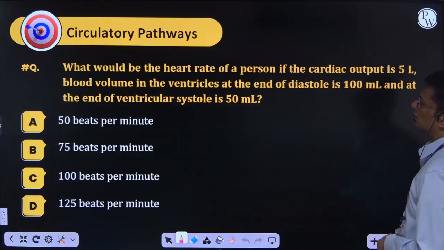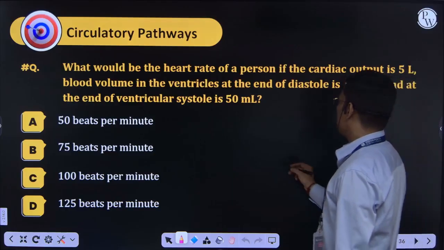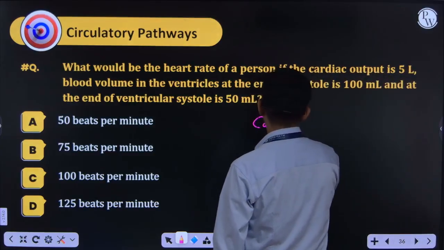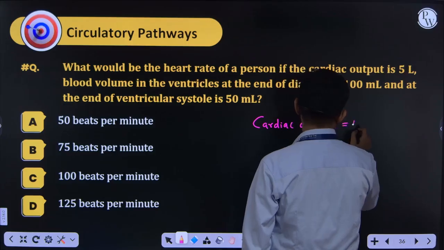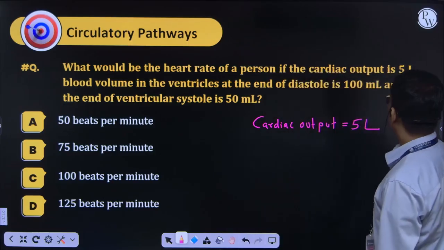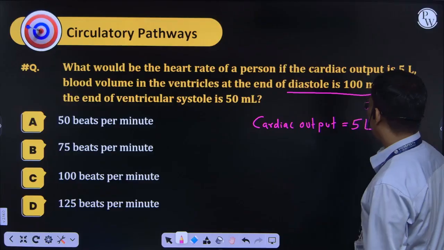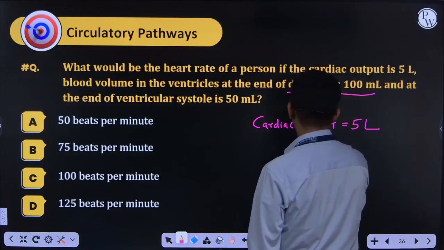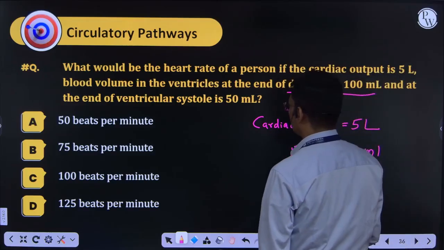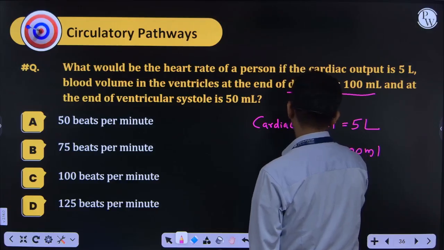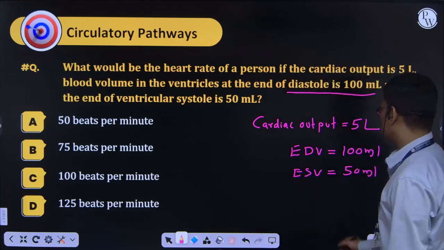Next, what would be the heart rate of a person if the cardiac output is given? Cardiac output is 5 liters. Blood volume in the ventricles at the end of diastole, means end diastolic volume, is 100 ml. At the end of systole of ventricle, end systolic volume is 50 ml. From here we can calculate the stroke volume.